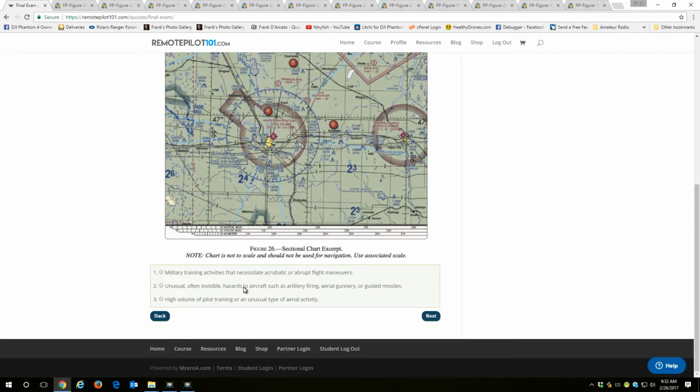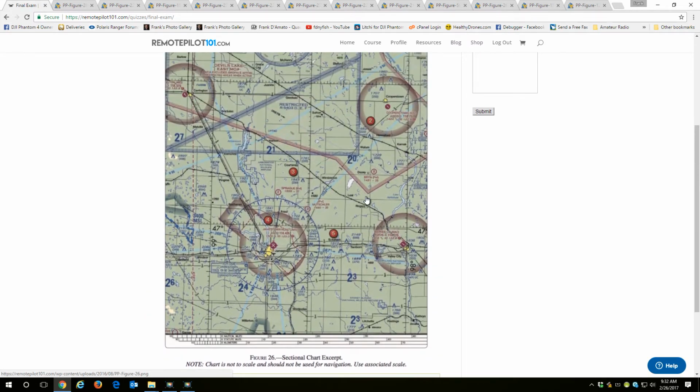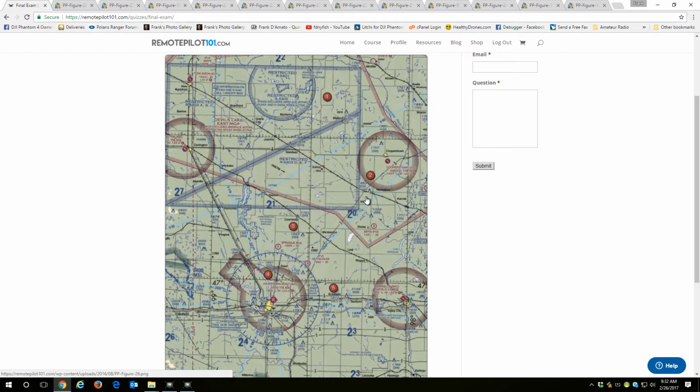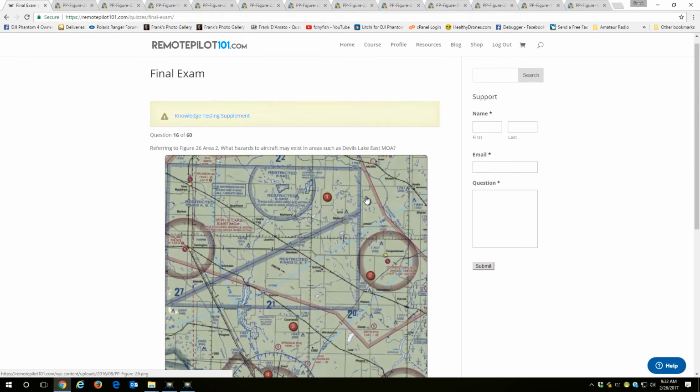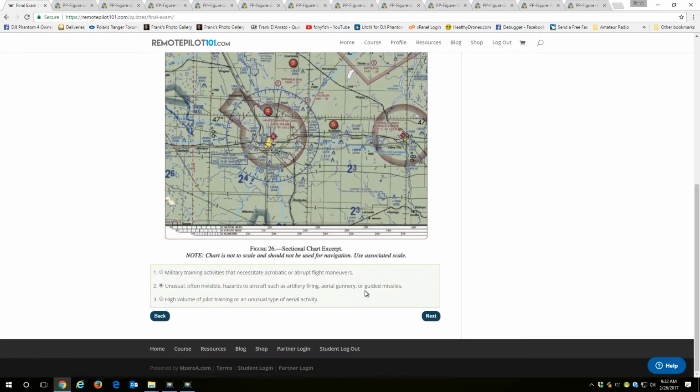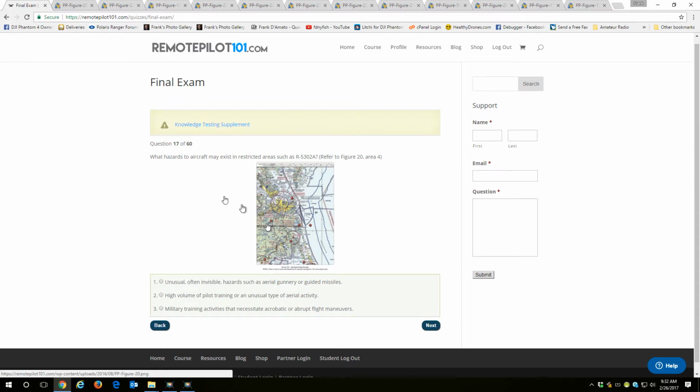Unusual and that's restricted. What hazards to aircraft may exist in a restricted area?